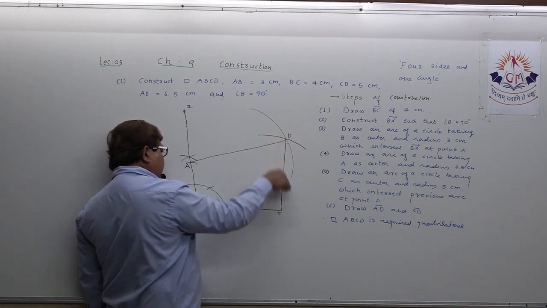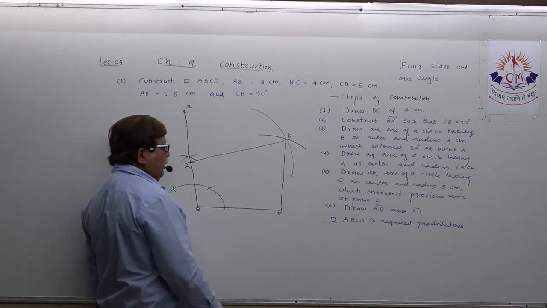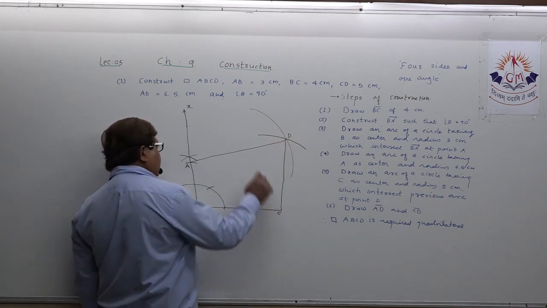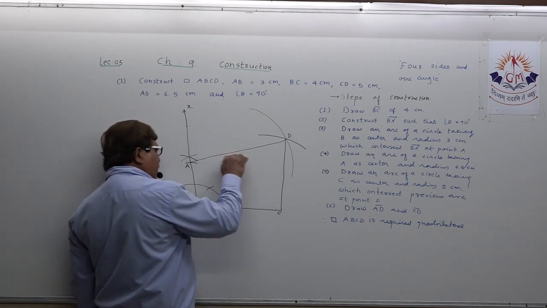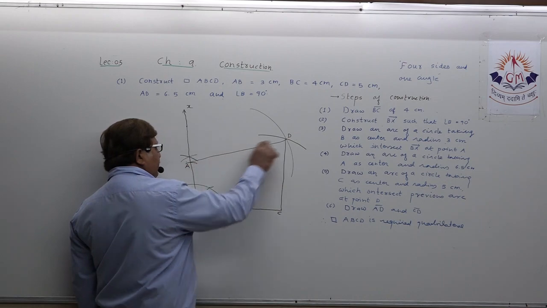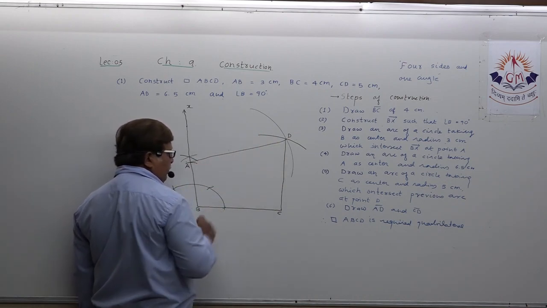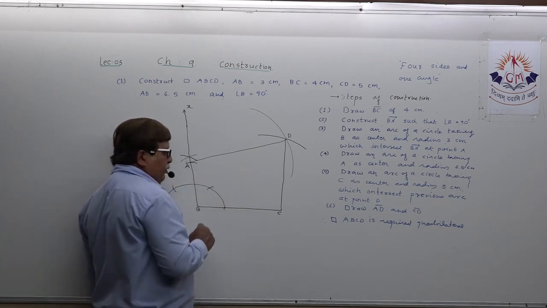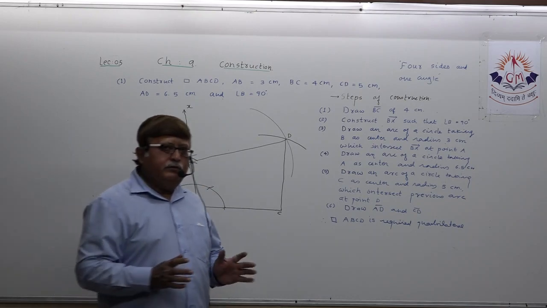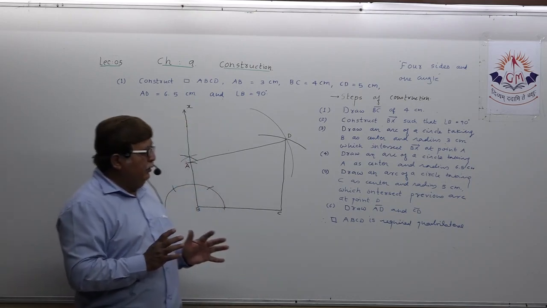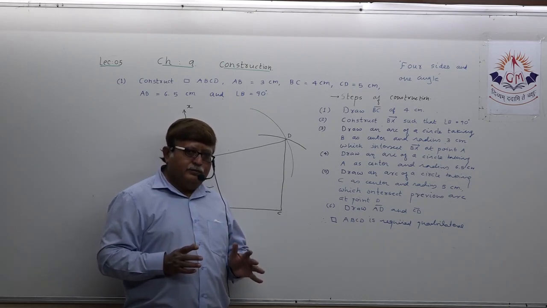The arc you have drawn just now intersects the previous arc at point D. Then you draw line segment AD and line segment CD. This is the way a quadrilateral can be constructed.